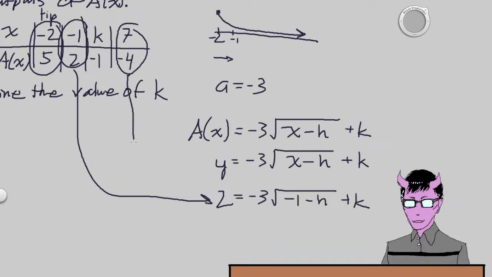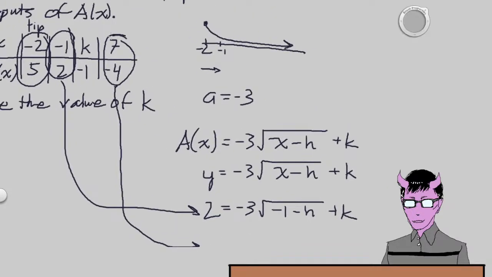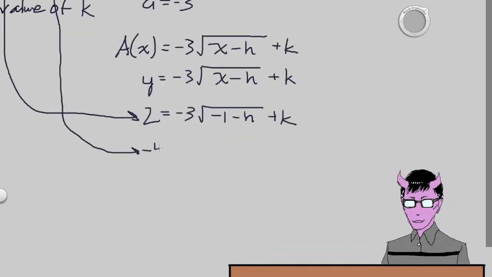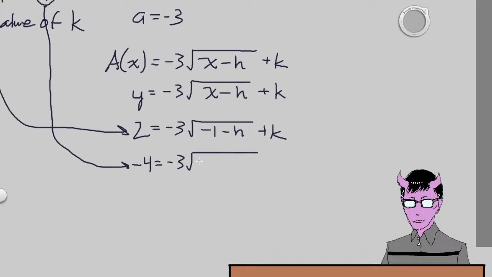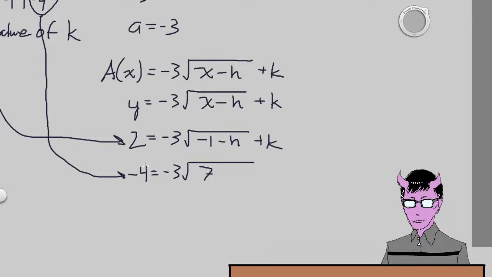And then you use the other provided point, and you can plug that in as well. So if x value is 7, y value is negative 4. So 2 points means that you can plug in twice to generate two situations.